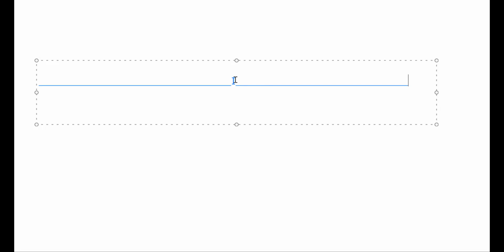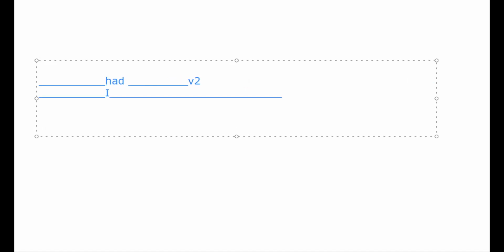And we need to assume that we always stand here and look at the actions. So, as I said, one action in the past is always V2, and past to the past is had plus V3, right?